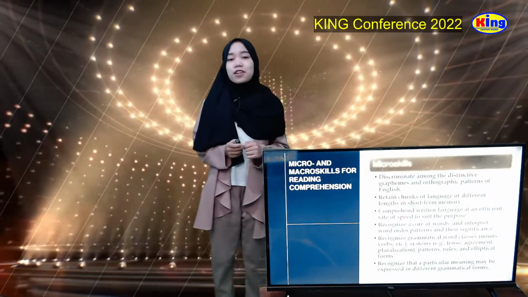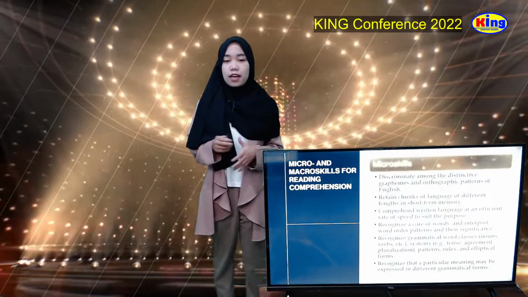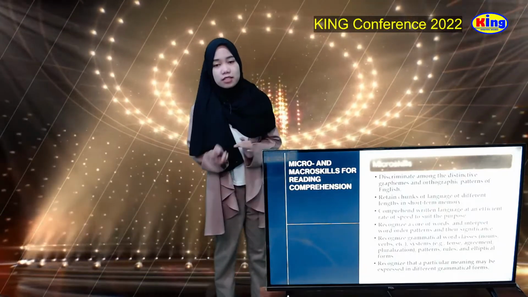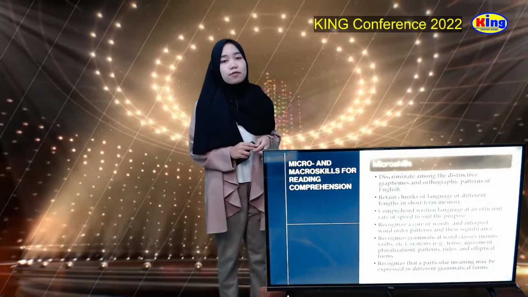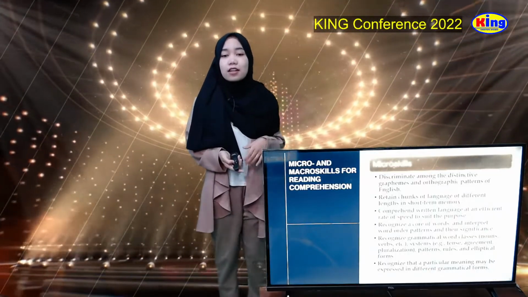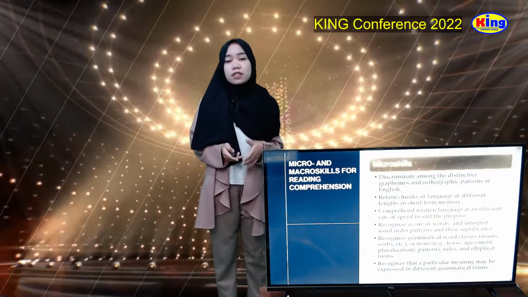The next one is recognize grammatical word classes, for example, nouns, verbs, adjectives, and so on. And then we have the system, patterns and rules, and elliptical forms. And the last one is to recognize that a particular meaning may be expressed in different grammatical forms.